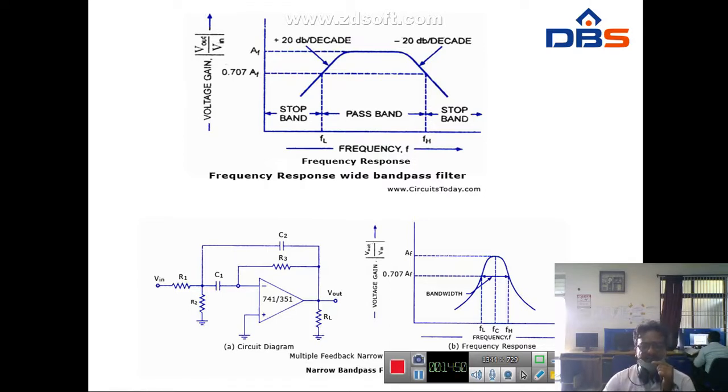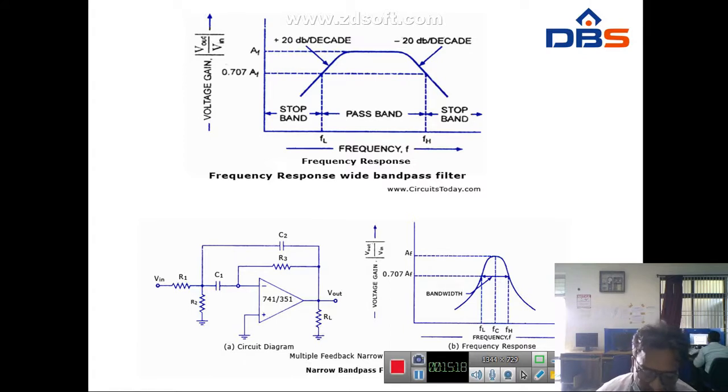Because of multiple feedbacks, here we connect the non-inverting terminal to ground, and the R and C components are connected to the inverting terminal in the narrow band pass filter.